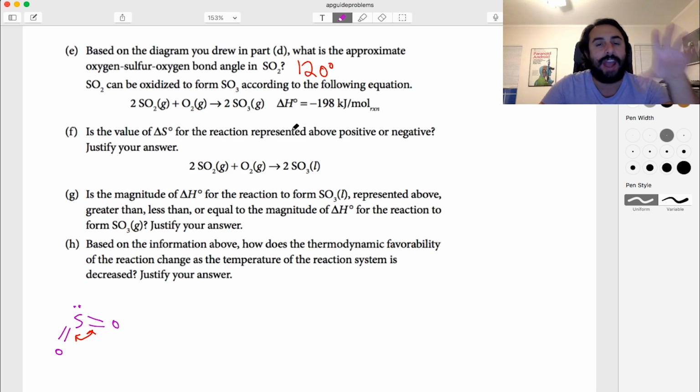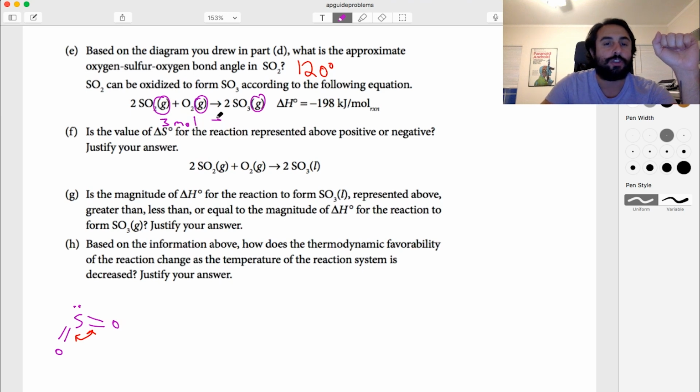Entropy has to do with the degree of dispersal of matter and energy. And so when we're looking at this kind of reaction, these are all gaseous products. That's very important that we understand. And what we are doing is going from 3 moles of gaseous reactants to 2 moles of gaseous product. We have 2 moles of this and 1 mole of that for a total of 3 moles, and we're going to 2 moles over here.